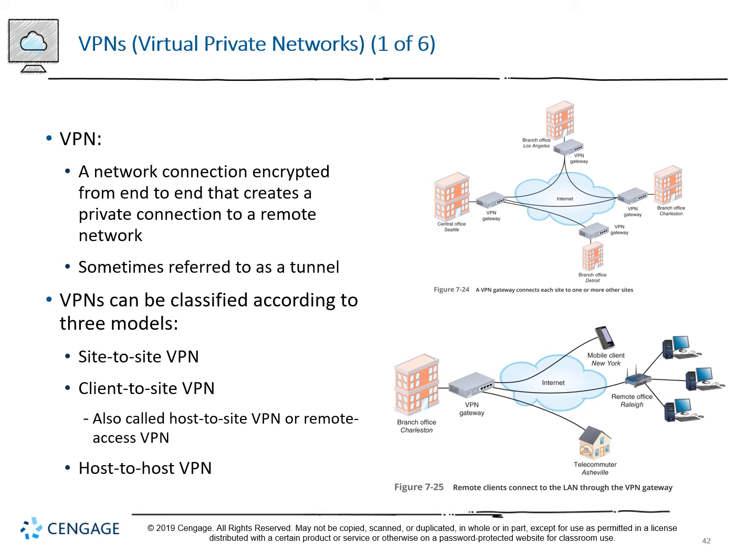VPNs can classify themselves using 3 separate models: site-to-site, client-to-site, also called host-to-site, and host-to-host. Here we have a couple of things in our neck of the woods. We've got a branch office in Charleston with a VPN gateway connecting to a mobile client in New York, a remote office in Raleigh, and a telecommuter in Asheville.